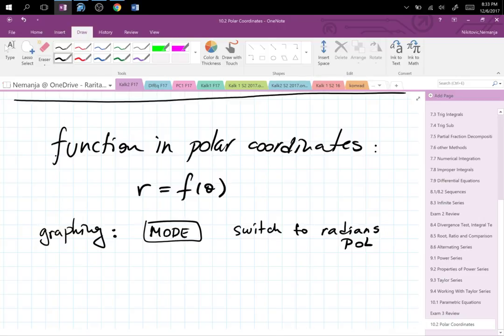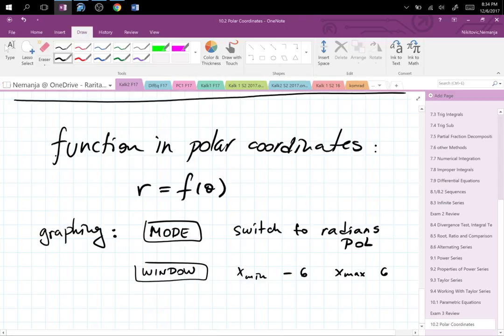Now, what you are going to do is go into Window. You have X min and X max, right? So X min -6, X max +6, Y min -4, Y max +4, and do not touch anything else.